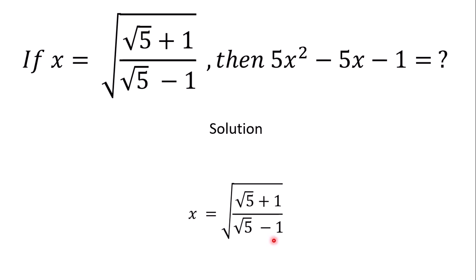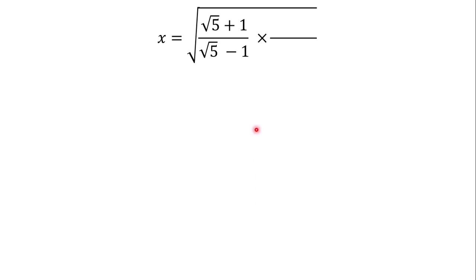Okay, so let's do that. Good. Now when we do that, what we are going to get is root 5 plus 1 over root 5 minus 1 times root 5 plus 1 over root 5 plus 1. This one is here because of this that we want to eliminate.